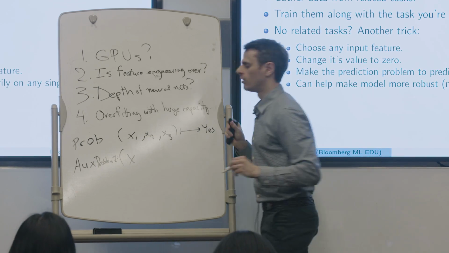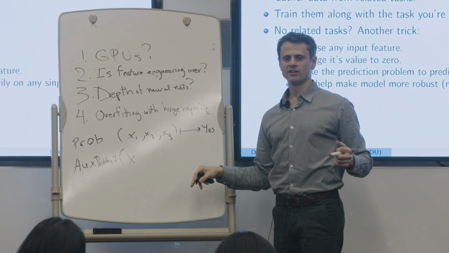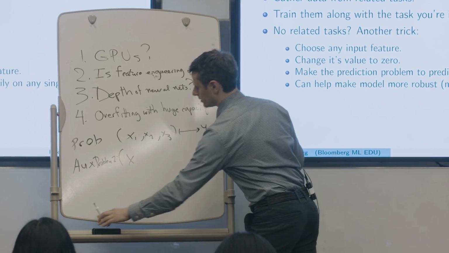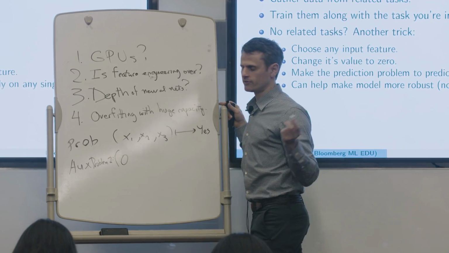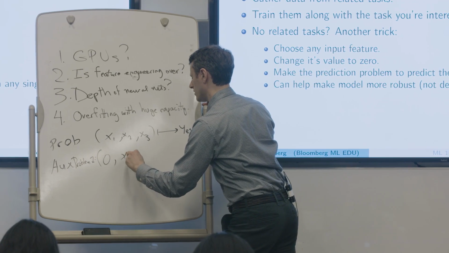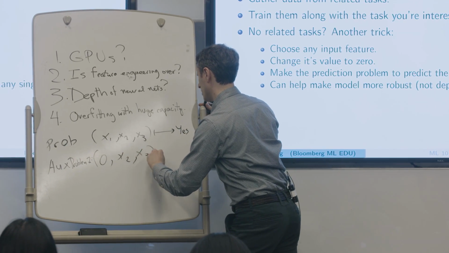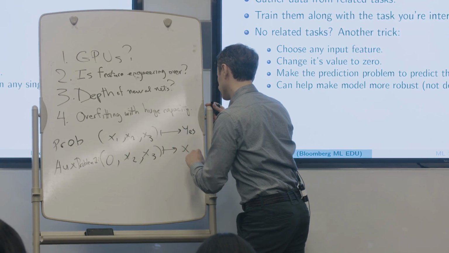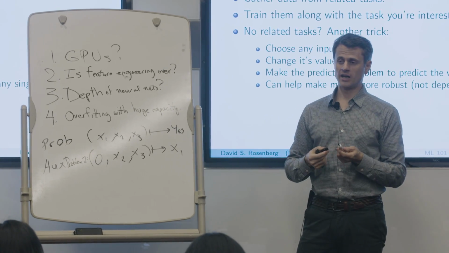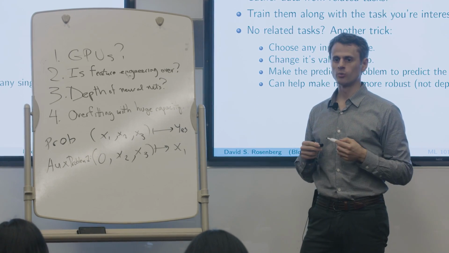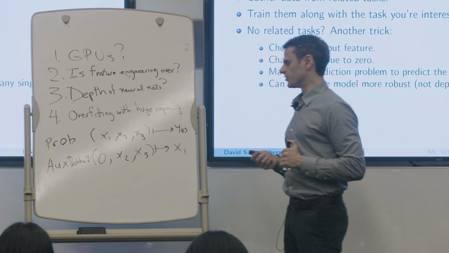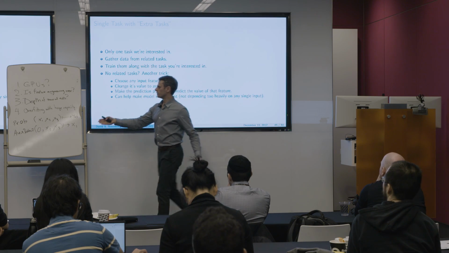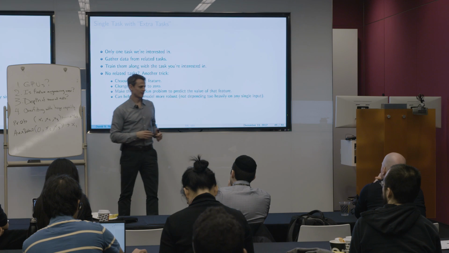In auxiliary problem 1, we erase the first coordinate and try to predict it back. So the input is then 0 or some other default value that would make sense to you, x2, x3, and we try to predict x1, say as a regression problem or as a classification or whatever makes sense. And you could repeat that with x2 and x3.